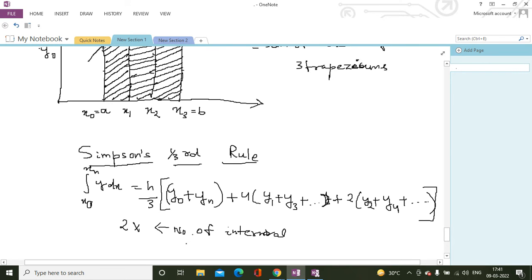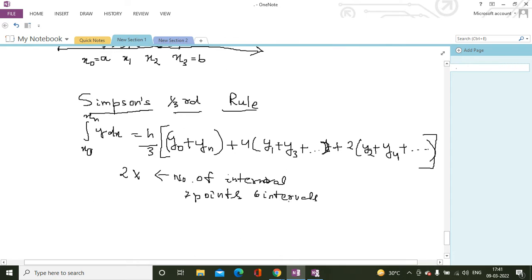Like you can say it can be 7 points but 6 intervals. That means an even number of intervals, so you can apply Simpson's one-third rule.